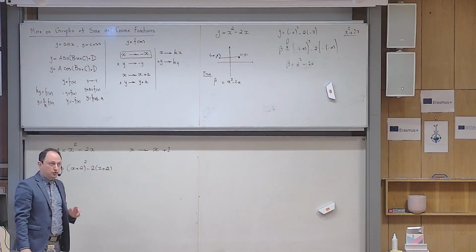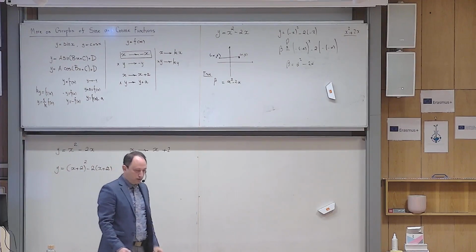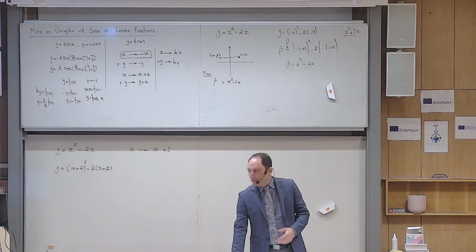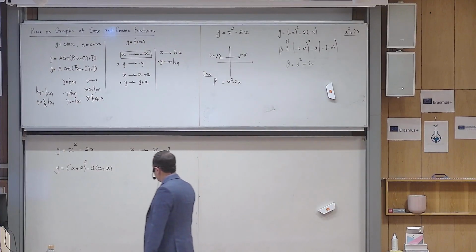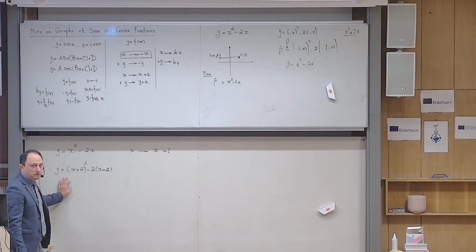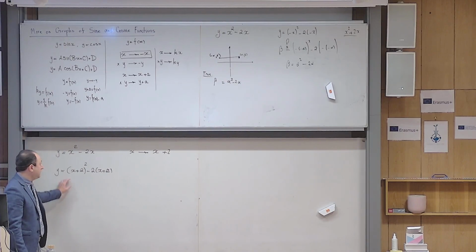But I want to ask your intuition about it because I want you to understand what is going on rather than just memorizing this. What will happen, do you think, here? If I increase every x by 2 units, what will happen to the graph of this function?